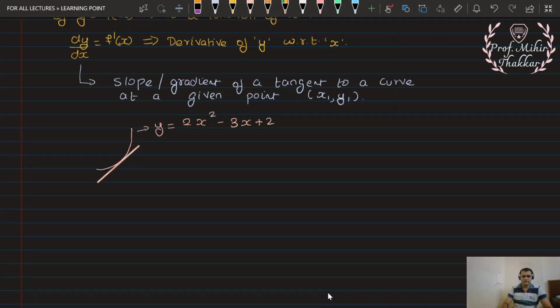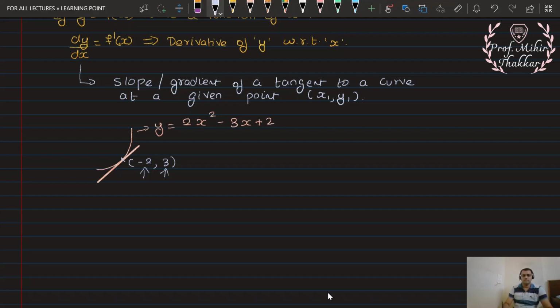If I have a tangent and I consider this point as, suppose, minus 2 comma 3, and I need to know the slope of this tangent, then it is very easy. We just have to differentiate the given function of y and then substitute the given value of x and y in their respective places. Obviously when you are substituting over here, we only have to substitute the value of x because it is a function of x.